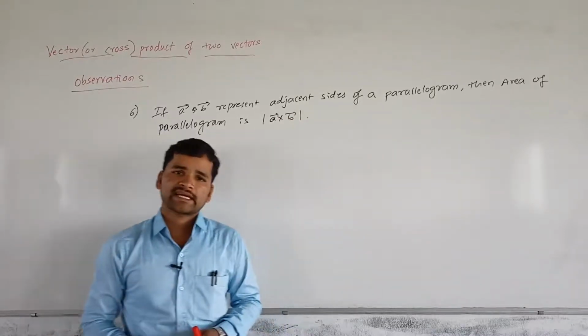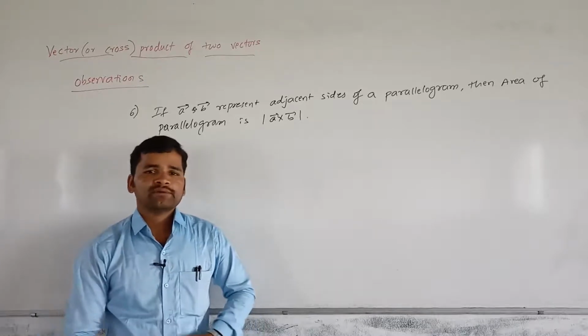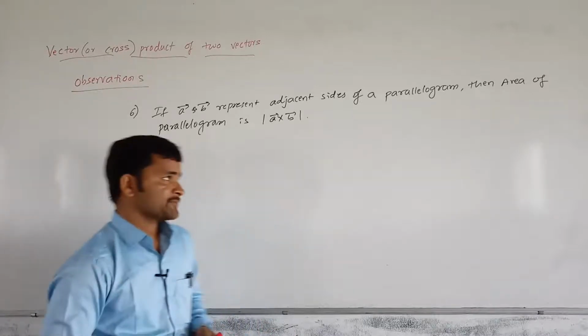The area of a triangle whose adjacent sides are represented by A and B is half into the magnitude of A cross B. Here it is just directly the magnitude of A cross B.